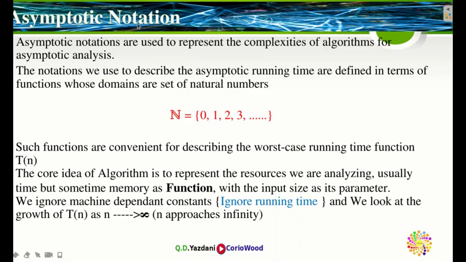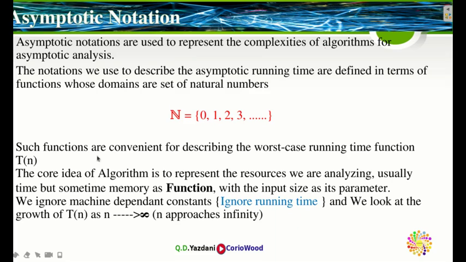To repeat, the notations we use to describe the asymptotic running time are defined in terms of functions whose domains are the set of natural numbers. Just remember that. We ignore machine dependent constants and look at the growth of T of n as n approaches infinity.